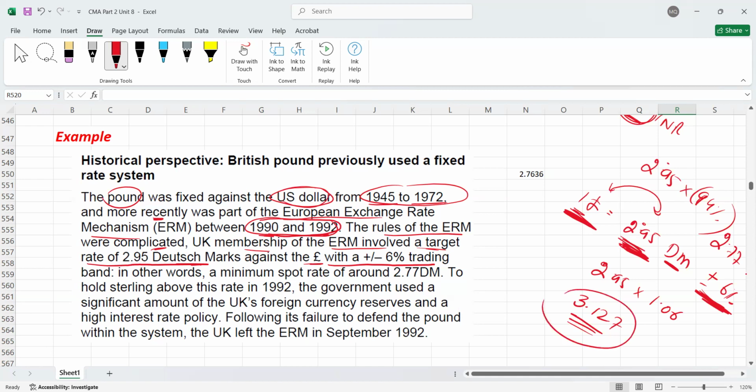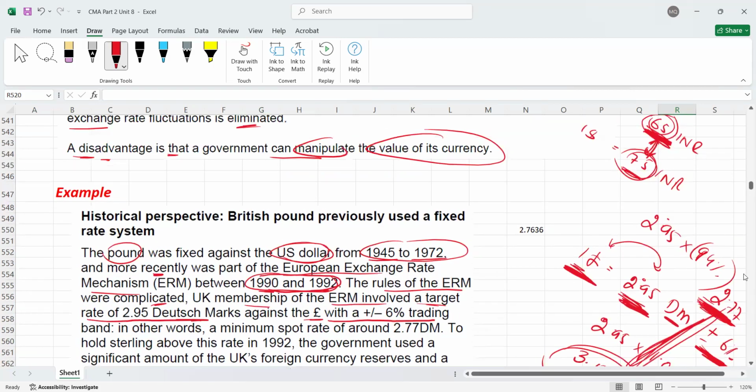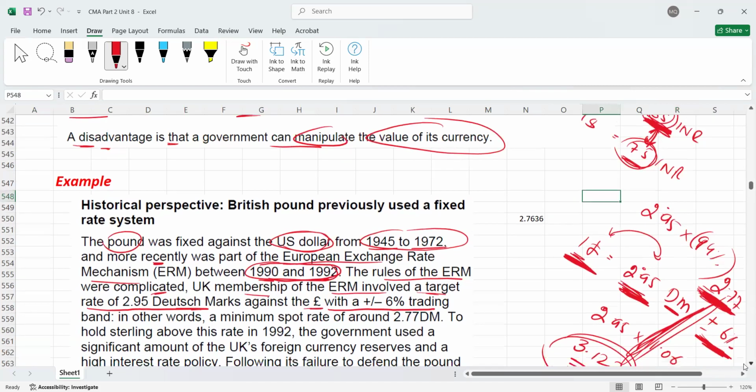Maximum rate can go to this and minimum rate to this. If rates are between these, the government will not intervene. But if rates try to go below this limit or above this limit, then the government will intervene. Understood? This is the example for a fixed exchange rate system.